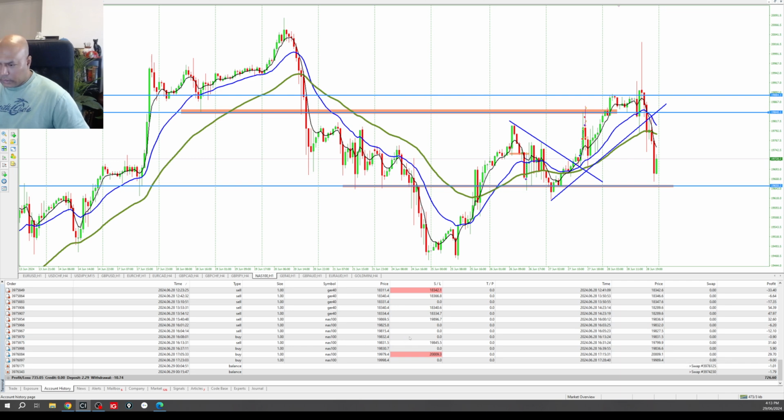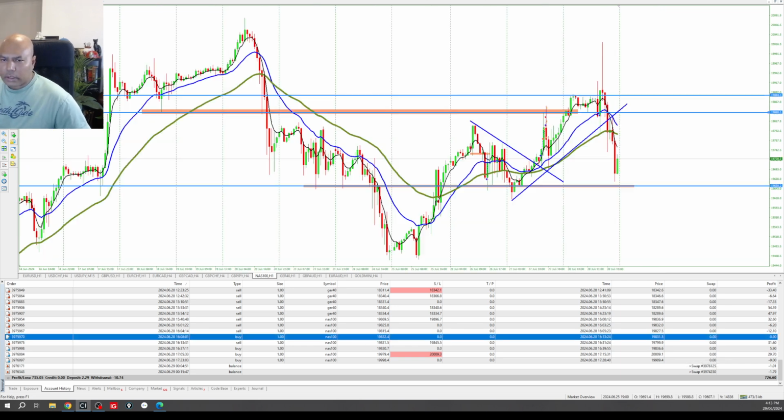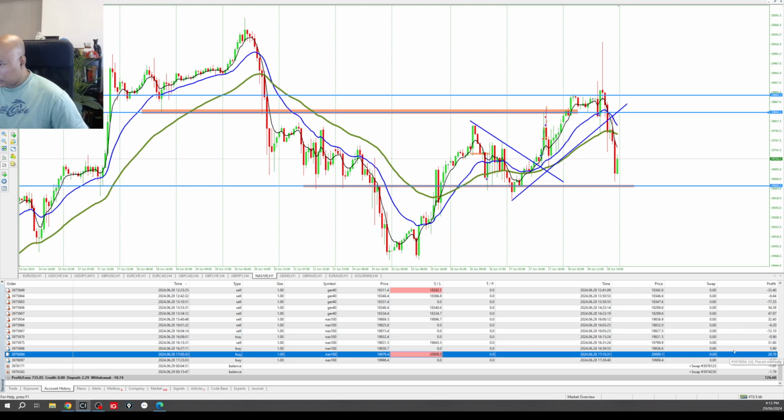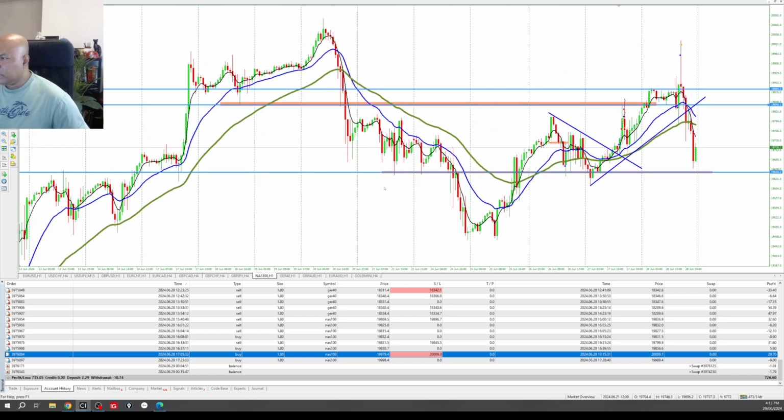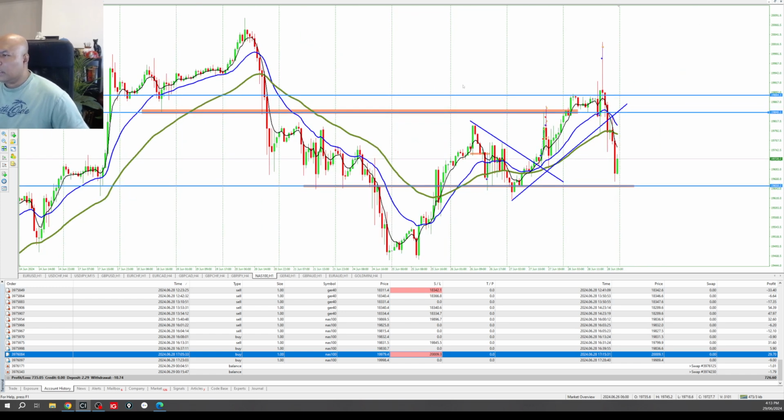You can see why NAS100 didn't work much. I actually bought from here to here, and then I knew that this was not going to hold, so there was like 30 bucks. That's it.